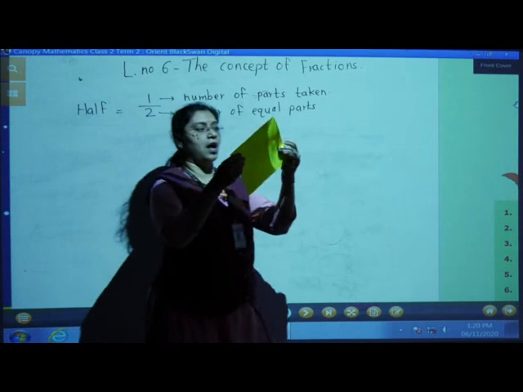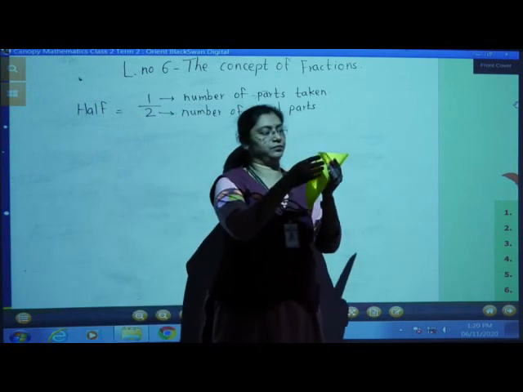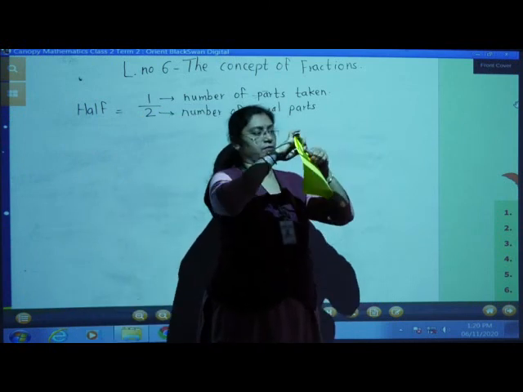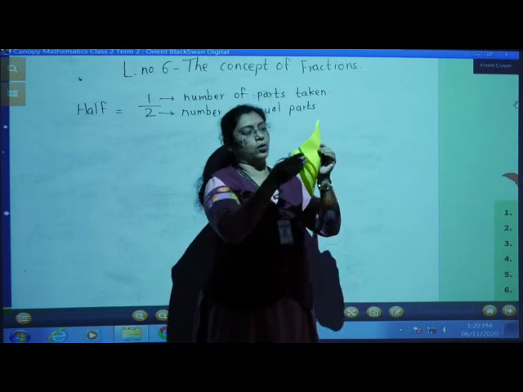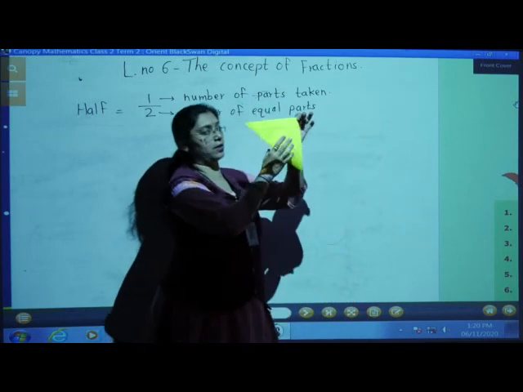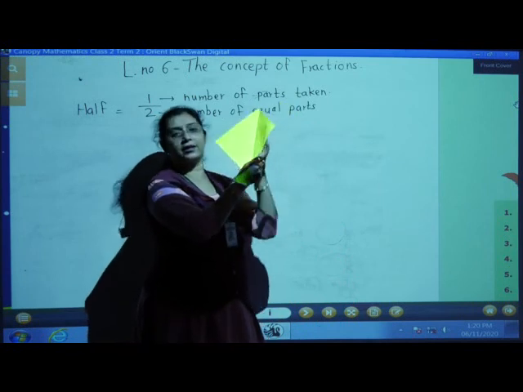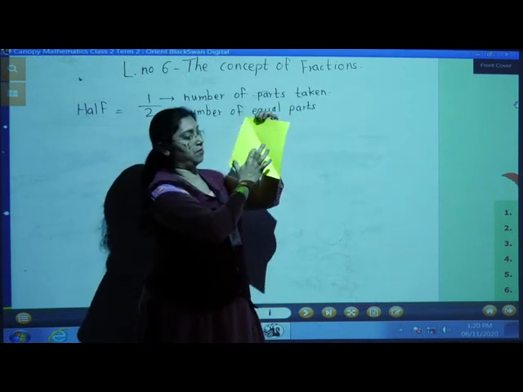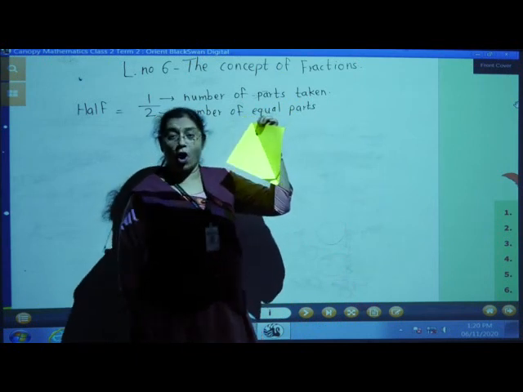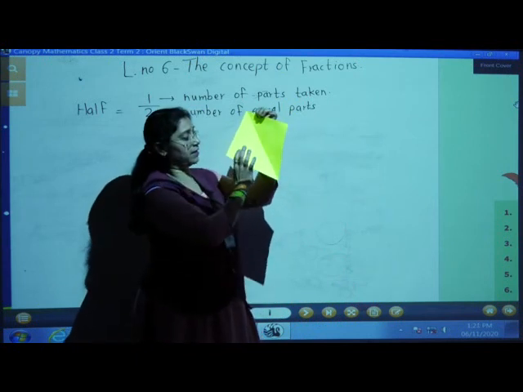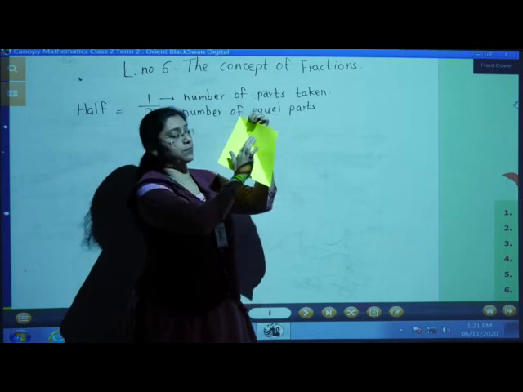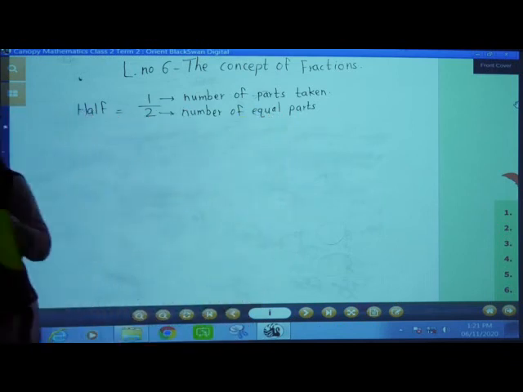See here, I am folding this paper. Join these 2 corners, and each part is called half. Means we got 2 halves, this one and this one, and each part is called half.